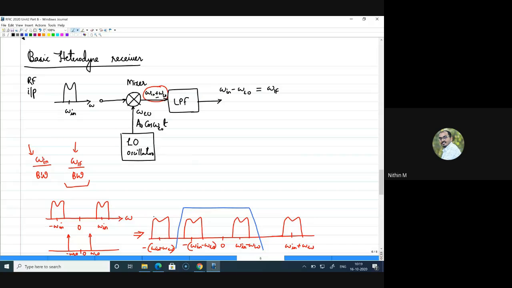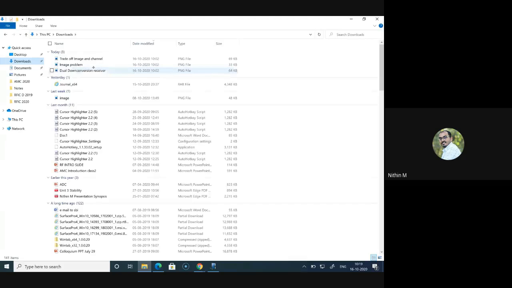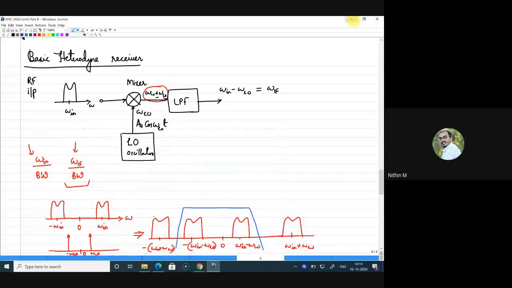The heterodyne process usually happens like this, and soon after the mixer, if you employ a low pass filter, you are in fact selecting the channel, because the center frequency is now shifted from omega in to omega in minus omega LO.